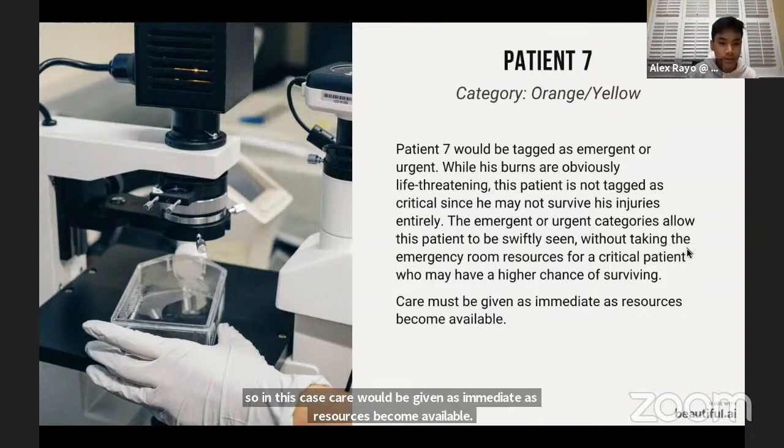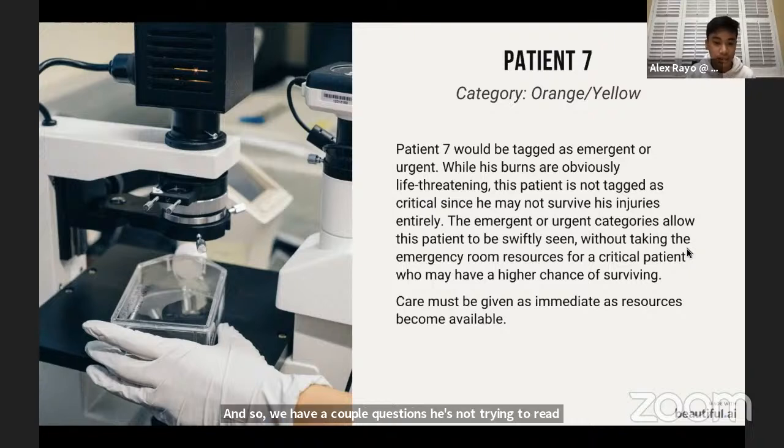And so we have a couple questions. He's not tagged red because he can die easily because of his injuries. So yes, that is precisely why he isn't tagged red in this case.